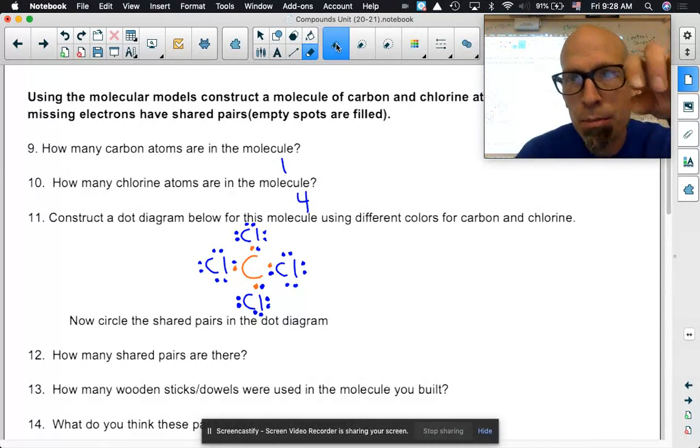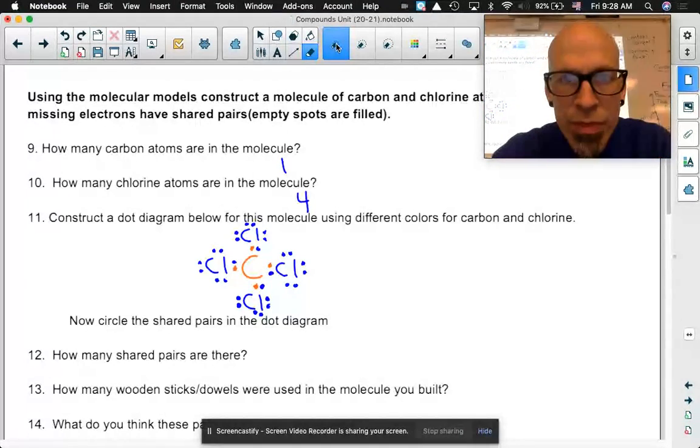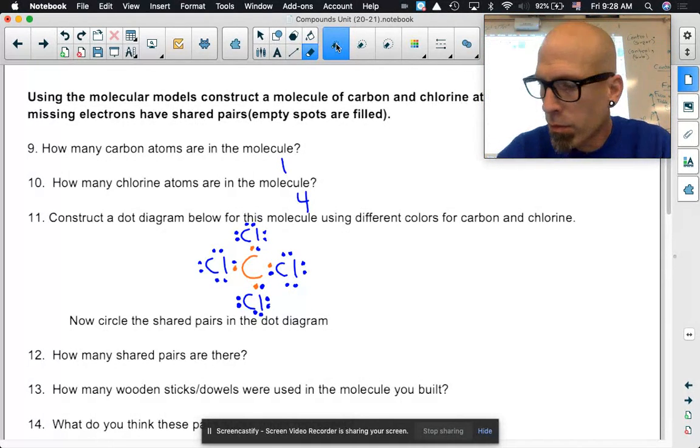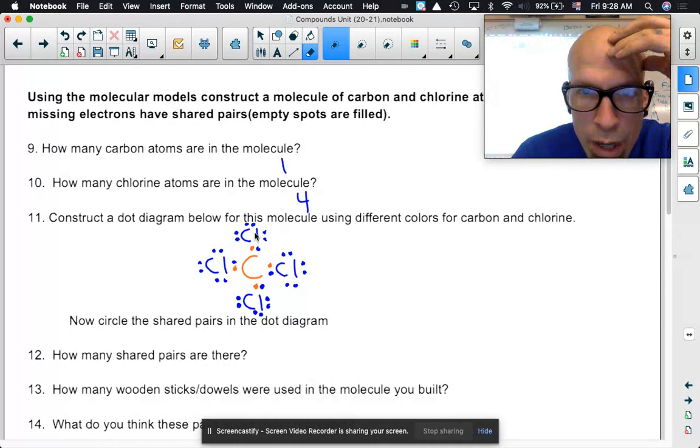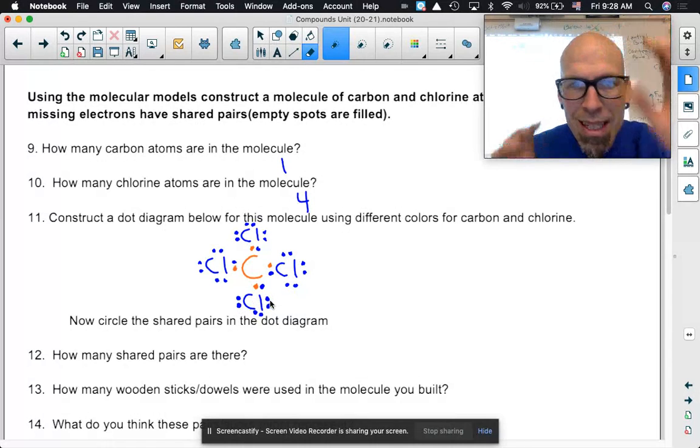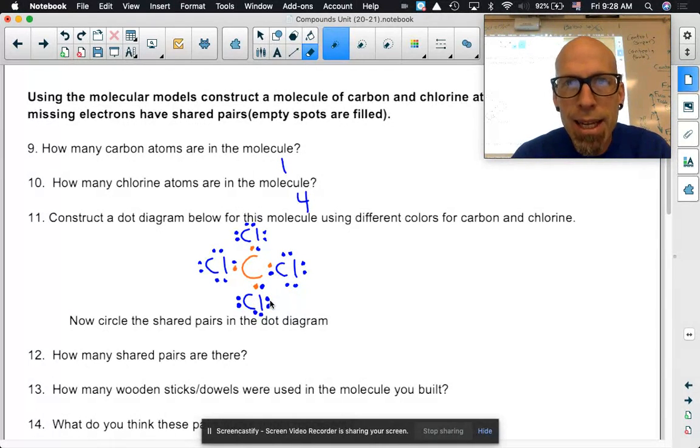So for this molecule here, we have each chlorine with 2, 4, 6, 8. Each chlorine has 8 electrons around it. That's an octet. They're happy.